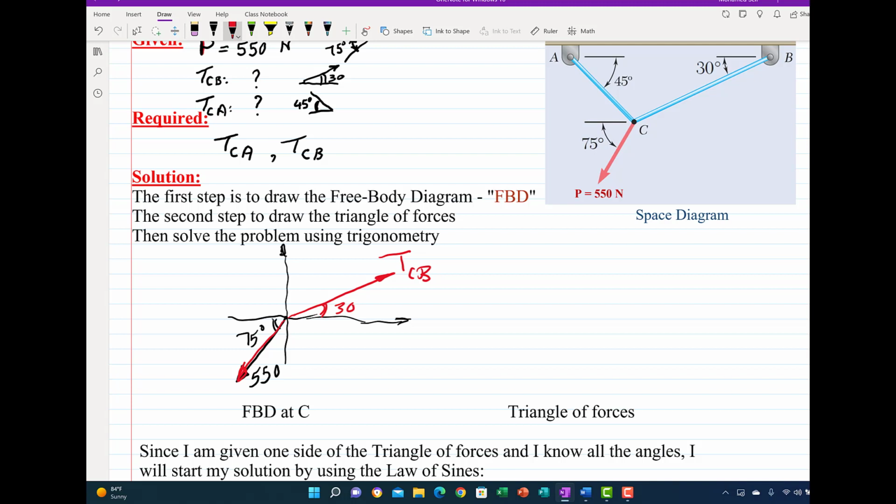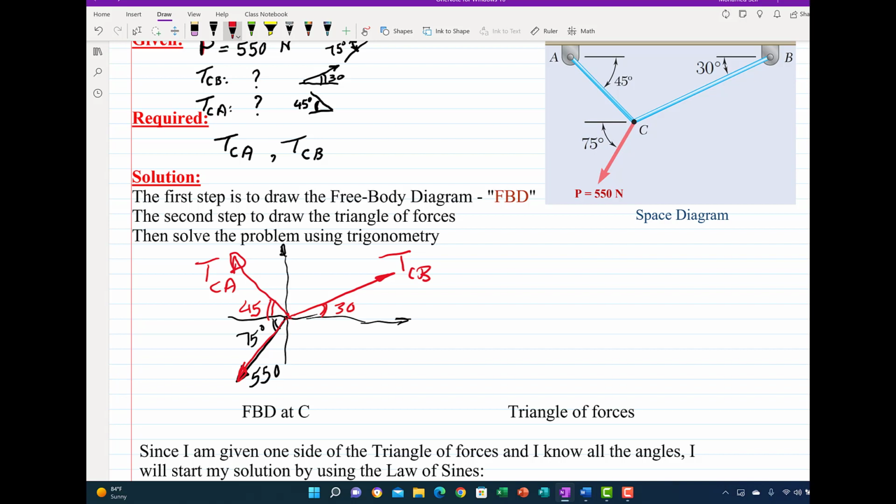And then I have another tension making 45 degrees in this direction, we call it tension TCA, and it is making 45 degrees with the horizontal. So now this is my free body diagram.